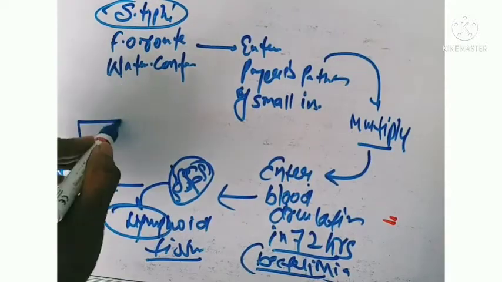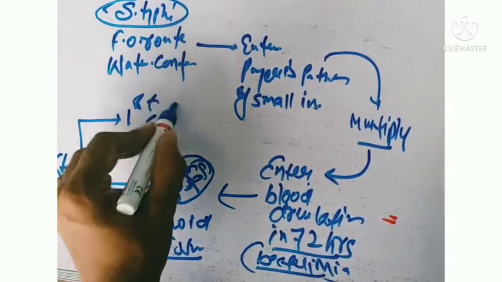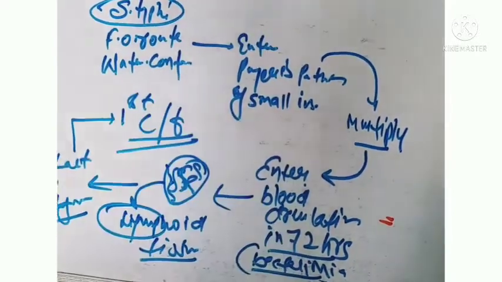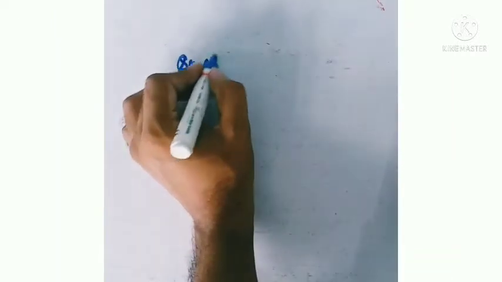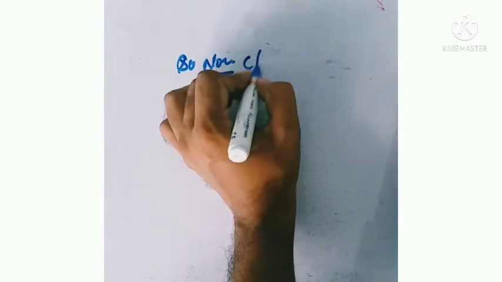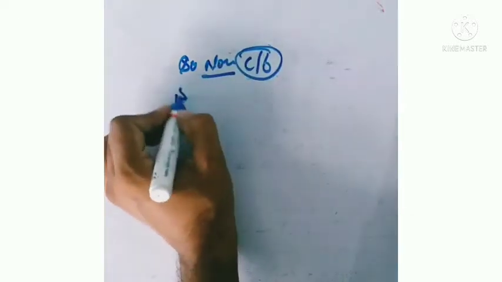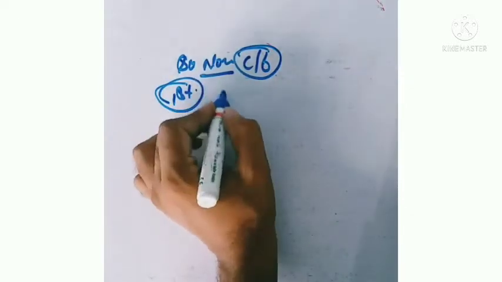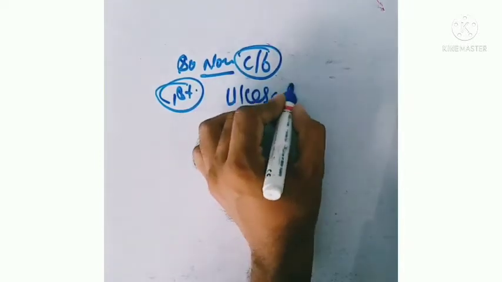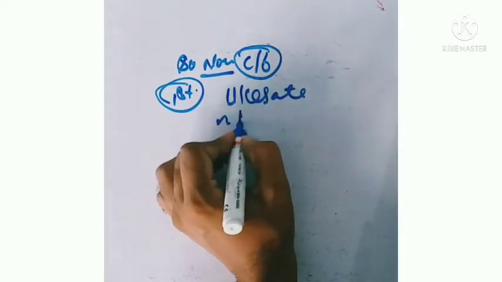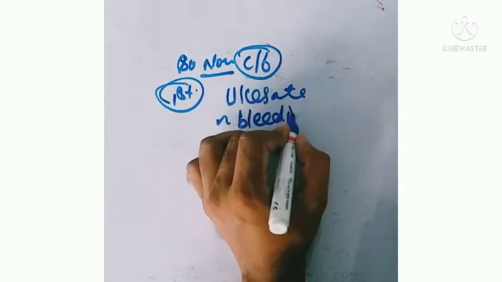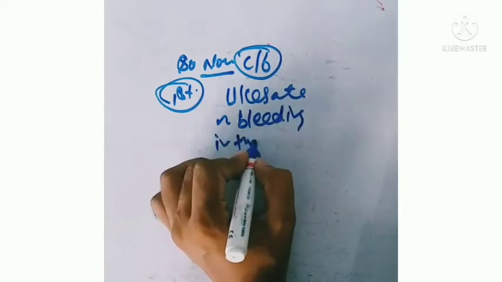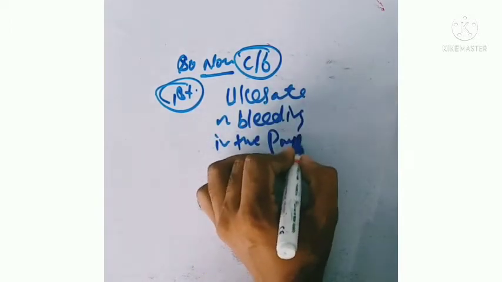And in the first week, the clinical features will appear. So now, in the clinical manifestation, within a week, it will ulcerate and start bleeding in the Peyer's patches of intestine.